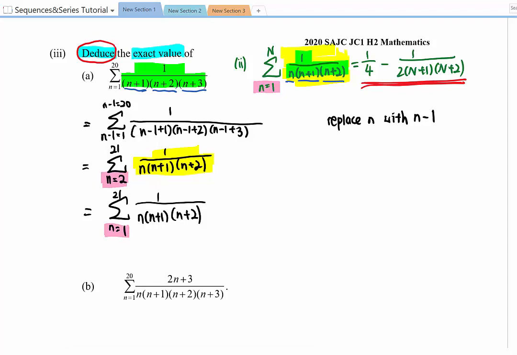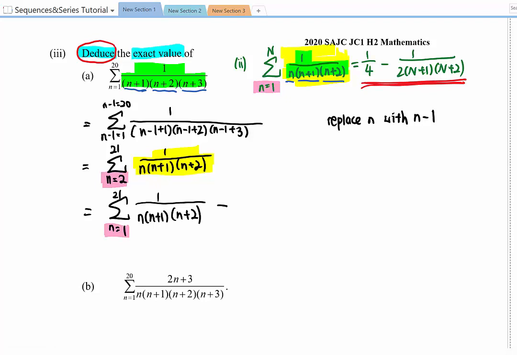But can we say that these two series are equal just like that? No, we can't, because in this case, we were adding up from the first term to the 21st term. In this case, we were adding up from the second term to the 21st term. So that means to say we have to balance them out. And we can balance it out by subtracting the first term in this case, right? And how do we write the first term?